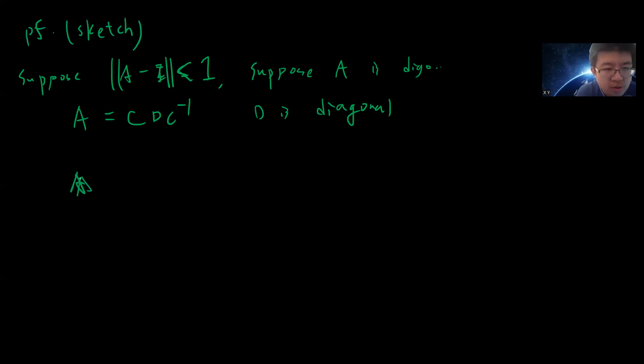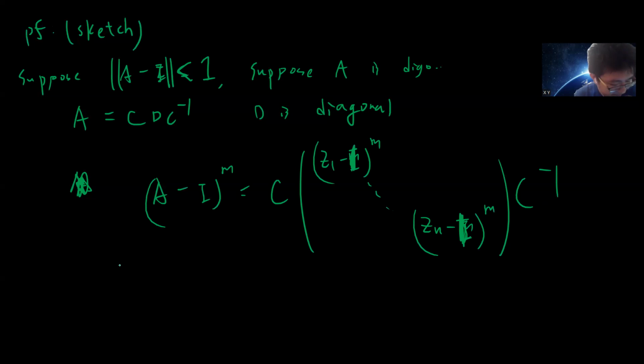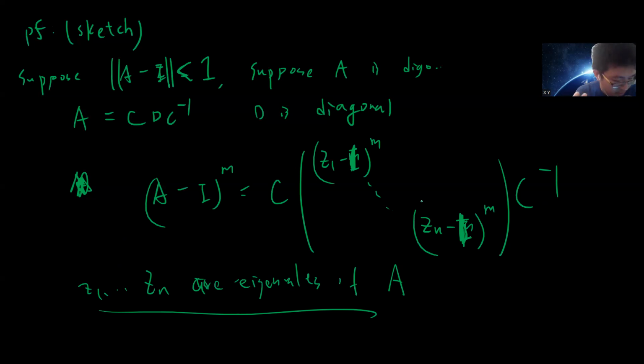So this means that I can write (A minus I)^n as C times diag((z1 minus 1)^n, ..., (zn minus 1)^n) times C inverse, where z1 through zn are the eigenvalues of A. Once we have this, we can directly plug in whatever I want.